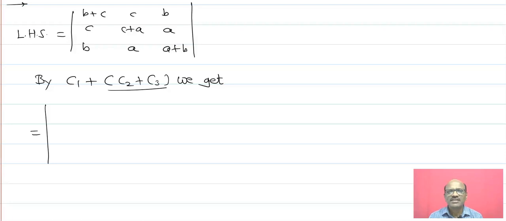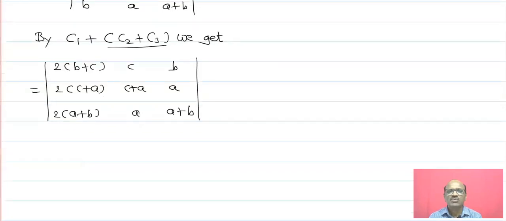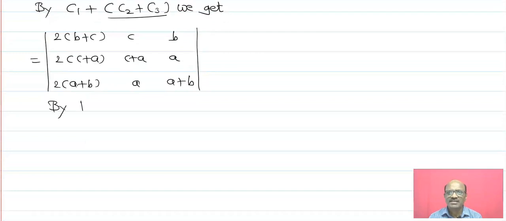Now C1 plus C2 plus C3. That is, in C1 we are adding C2 plus C3. That's why we are getting 2 times B plus C. That is, in first column 2 times C plus A, 2 times A plus B. And the remaining 2 columns are identical as it is.